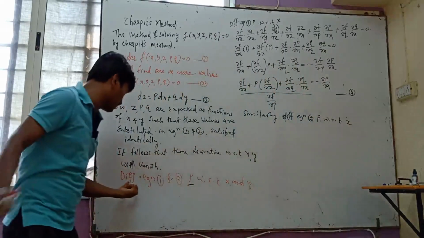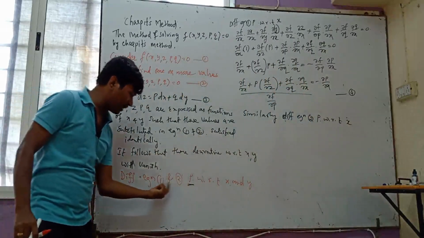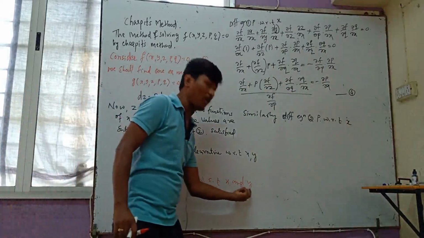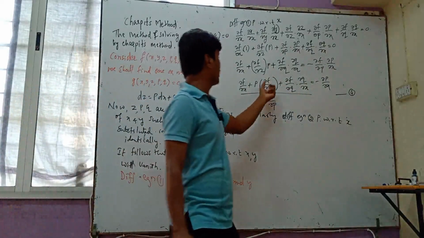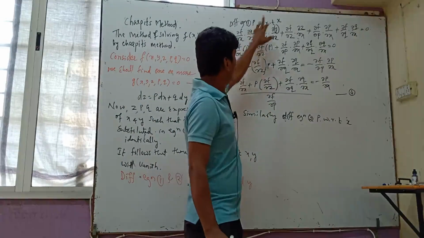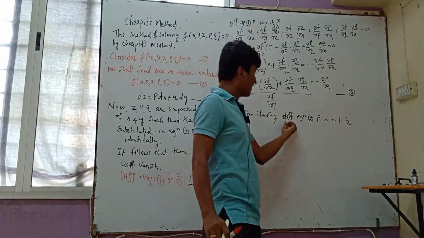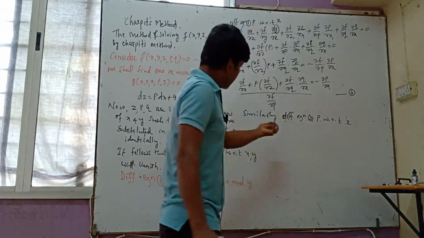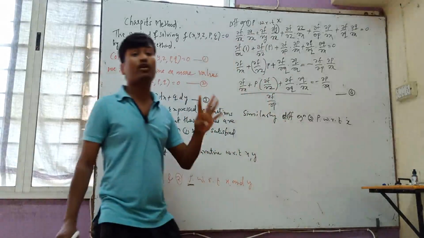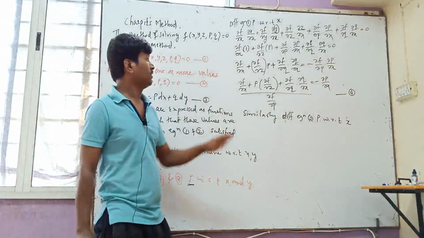So here we are differentiating equations 1 and 2 with respect to x and y. Just I am differentiating equation number 1 with respect to x. Similarly I am differentiating equation number 2 with respect to x only.